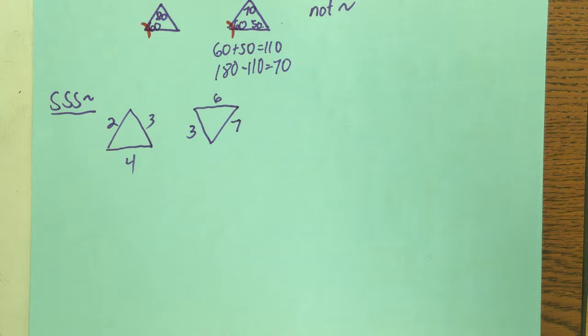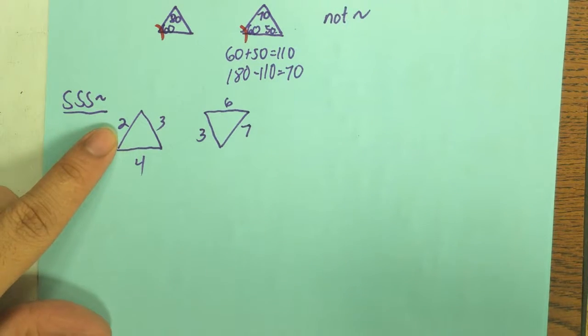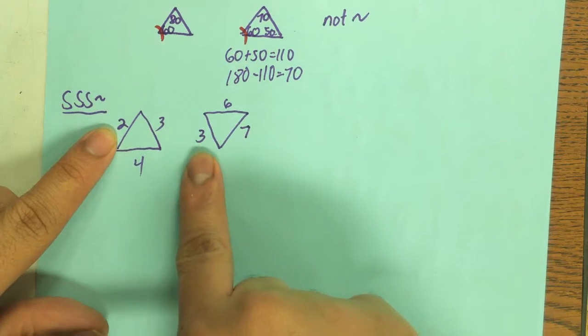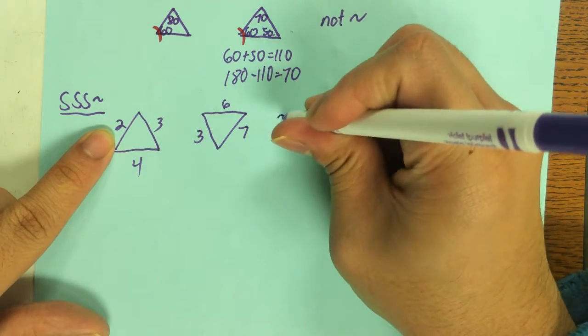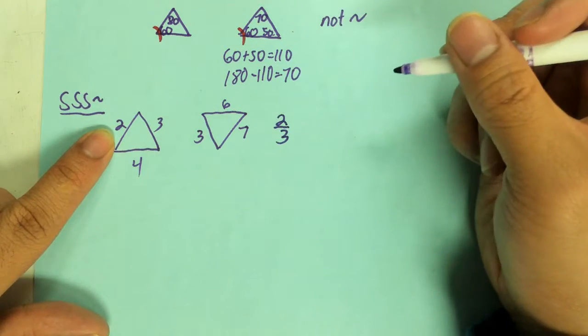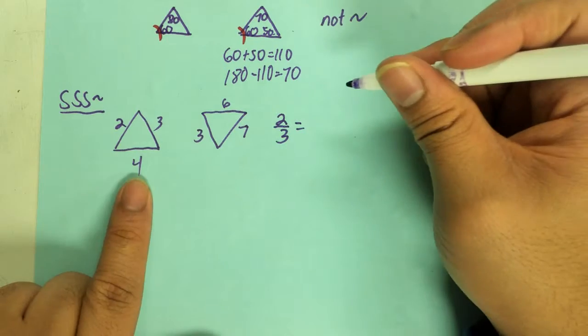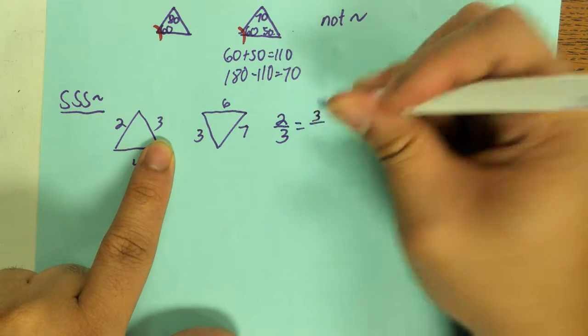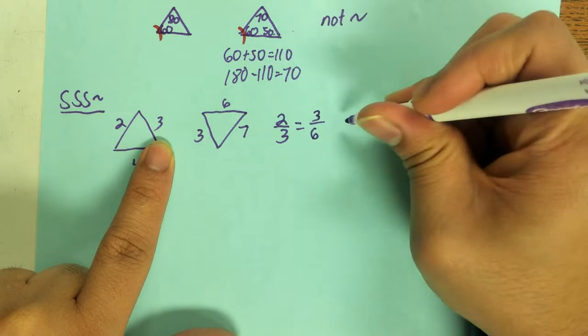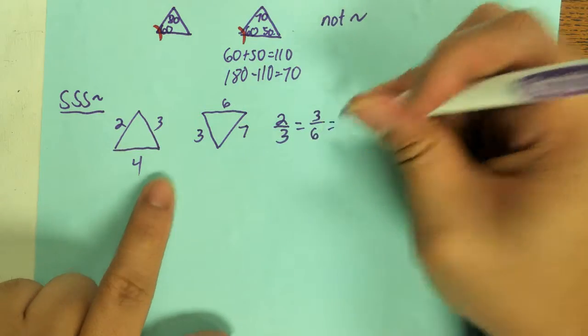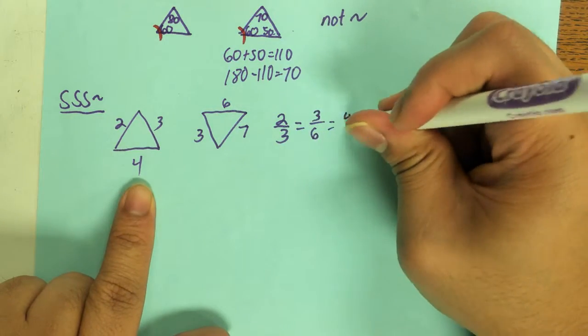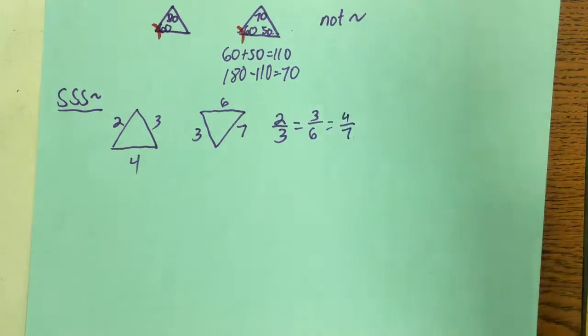So, the way we can figure out which sides are supposed to match is the shortest side of one triangle should go with the shortest side of the other triangle. So 2/3 equals middle side 3 over middle side 6 equals biggest side 4 over biggest side 7.